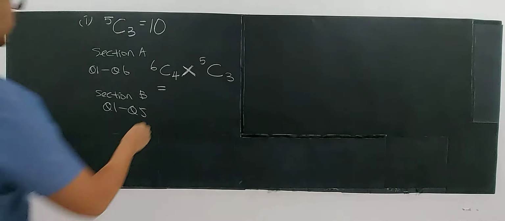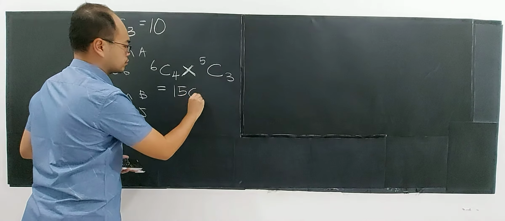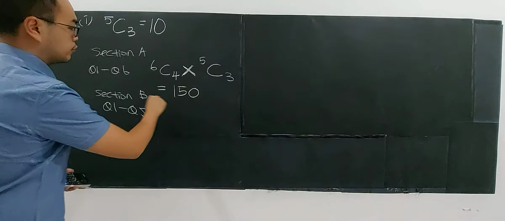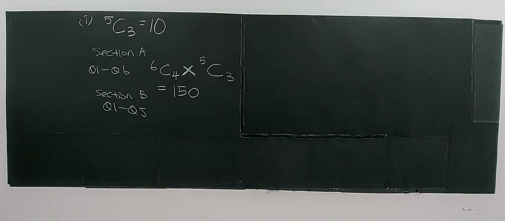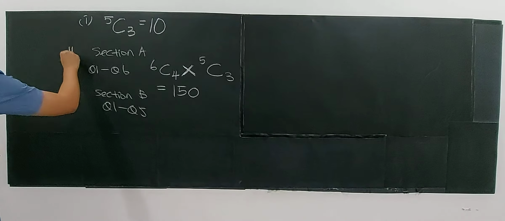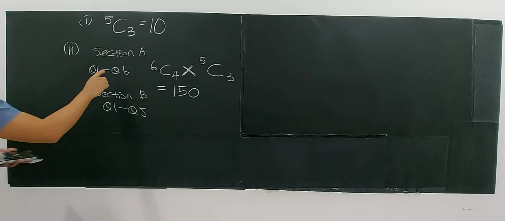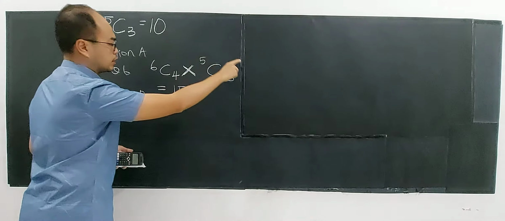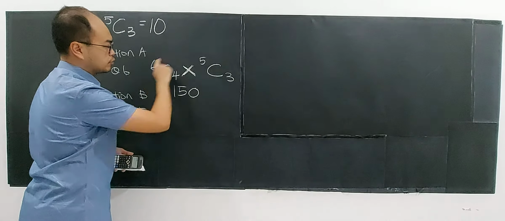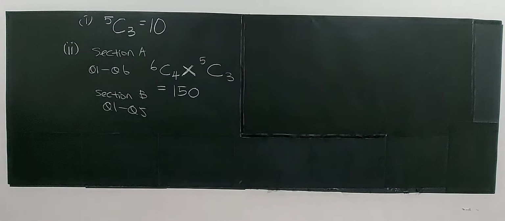You get 150 combinations, a lot of combinations. So this is the answer for question 2: the number of selections will be 150, which is 6C4 multiplied by 5C3. Okay, let's look at the next question.